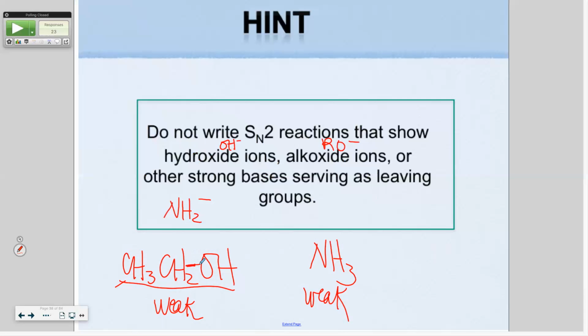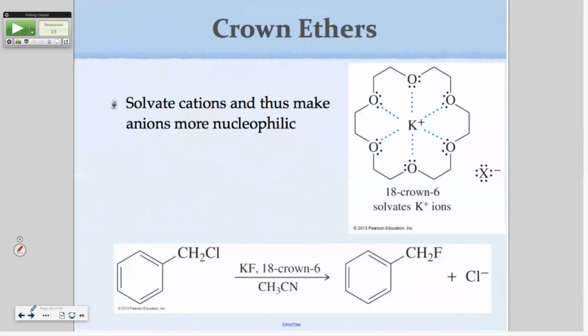You just get ethanol dissolved in water. That's why you can drink it. If you're over 21, you do so in moderation. Don't drink and drive. This does not give up OH minus. So this would be a good leaving group. It'll help when you see it. All right, we'll keep working on that.